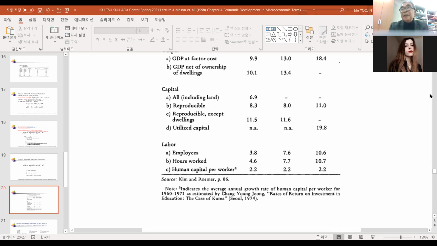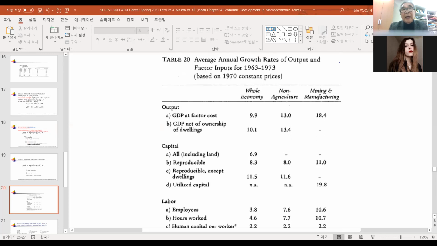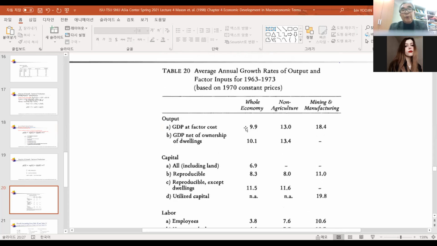So these are the statistics. Look at this. Unbelievably high GDP growth rate for the South Korean economy during this period. Almost 10% annually. So during this period, the South Korean economy achieved an economic miracle.